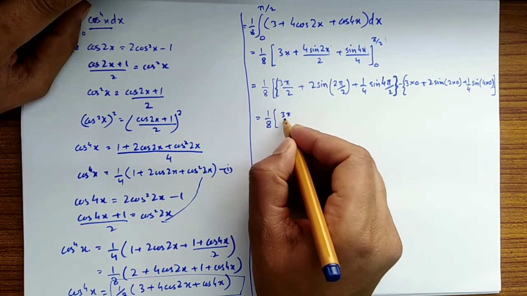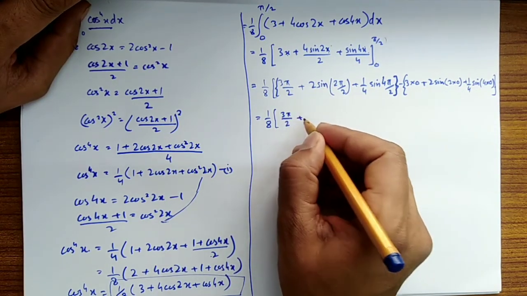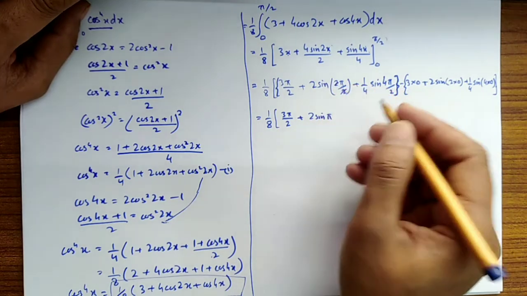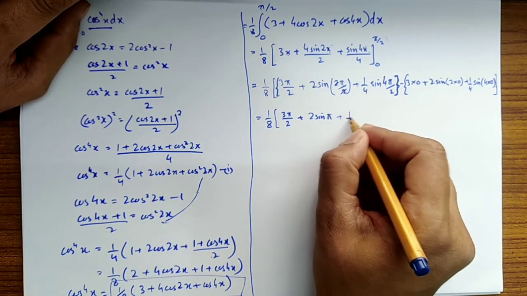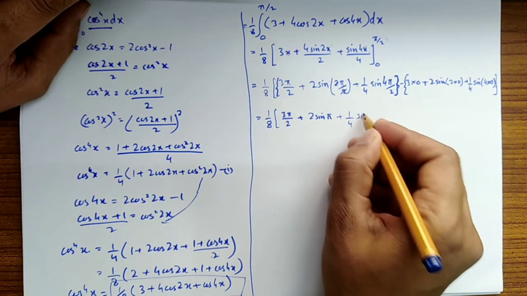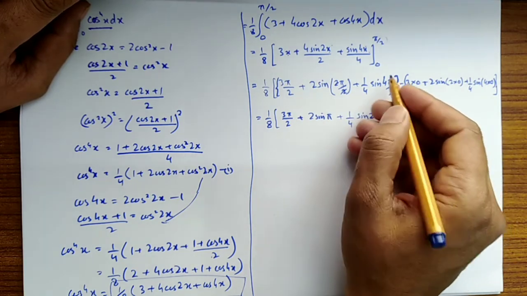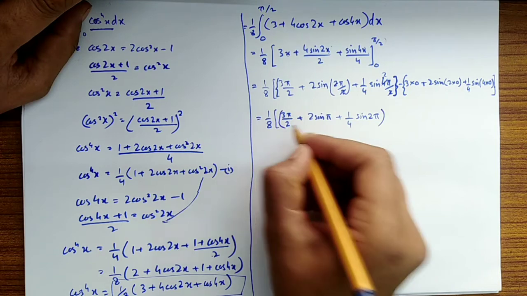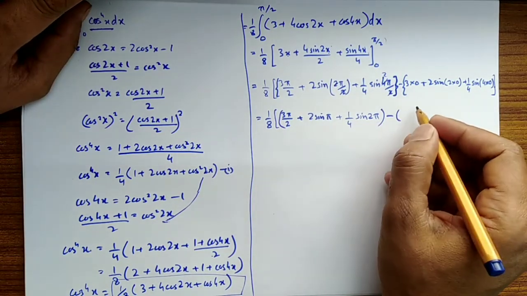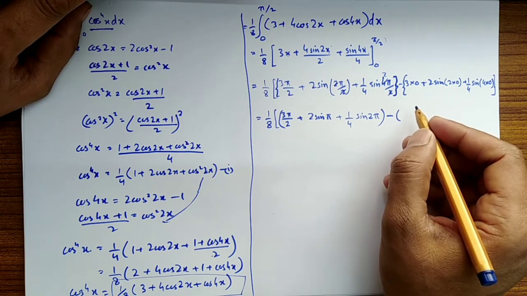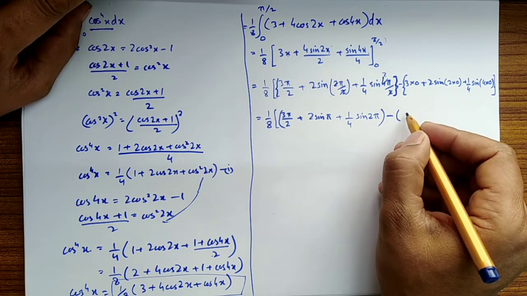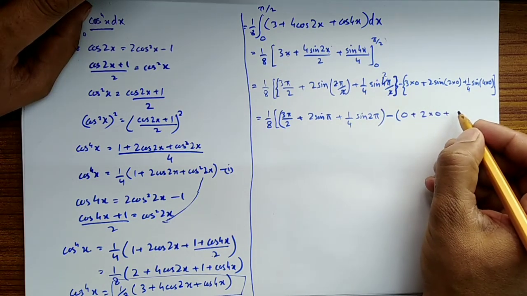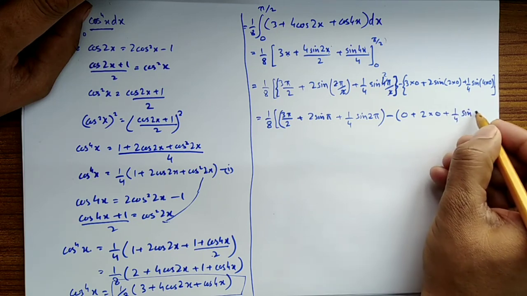This first part gives 3 pi upon 2 plus 2 sine pi, as 2 and 2 cancel out, plus 1 upon 4 sine 2 pi, as 2 2s are 4, and this is the first part minus the second part, this becomes 0, plus 2 sine 0, which is 0, plus 1 upon 4 sine 0.